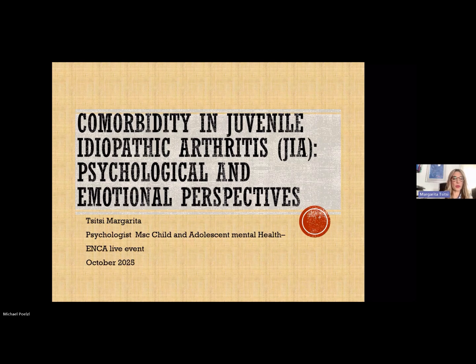JIA is the most common chronic rheumatic disease in childhood, affecting approximately 1 in 1,000 children. Although it is primarily a medical condition, it is in reality a life condition, a disease that influences the child's emotional world, the family's dynamics, and the way both perceive the future.